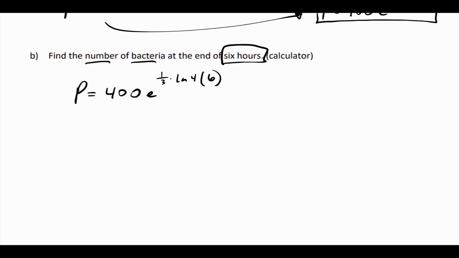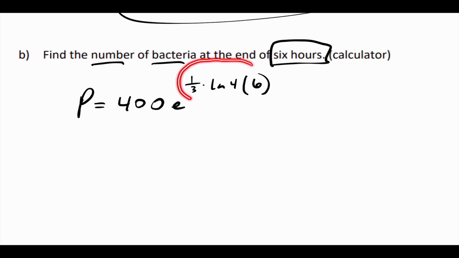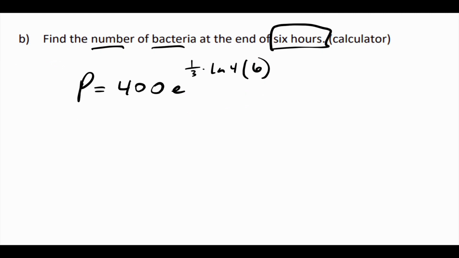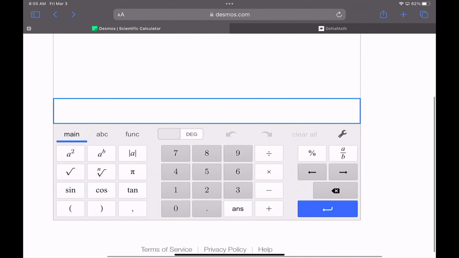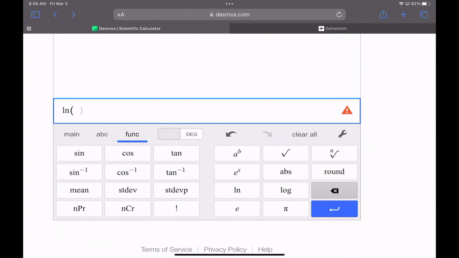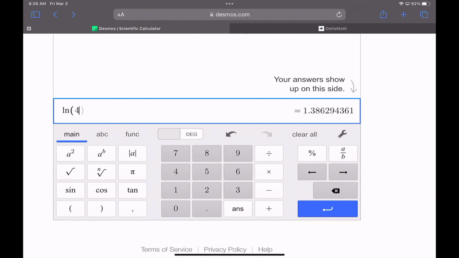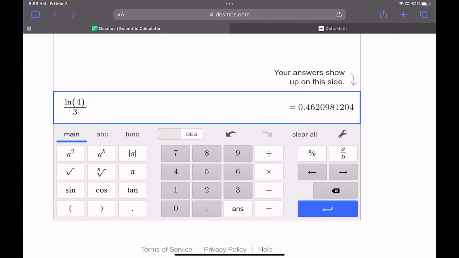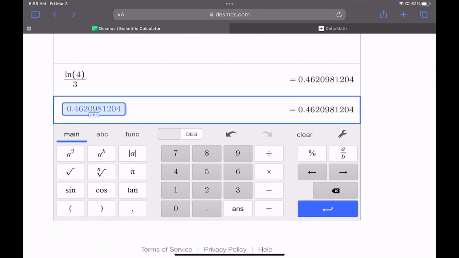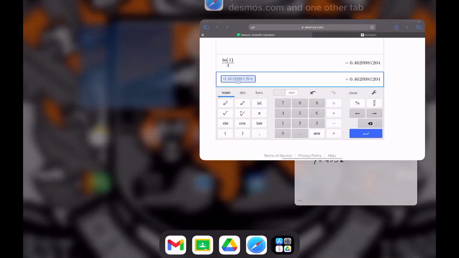Okay. So the first thing I'm going to do is the powers, and then I'm going to take e to that power. So 1/3 ln of 4. Natural log of 4 divided by 3, and then times 6.